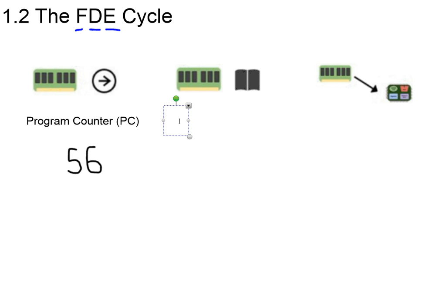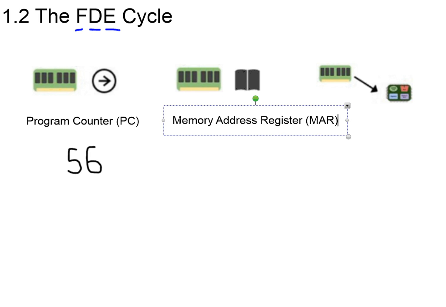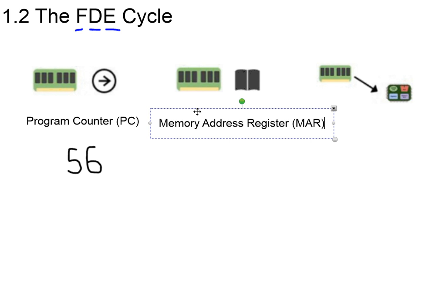The next register that we need to know is the memory address register. So the definition of this register is that it stores the address in RAM that is currently being read or written to.